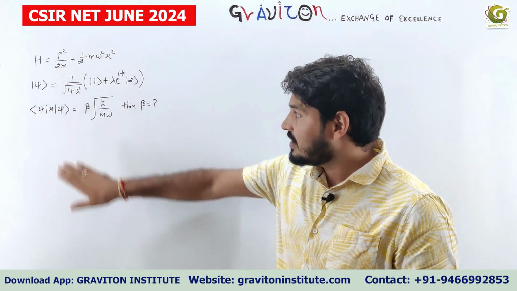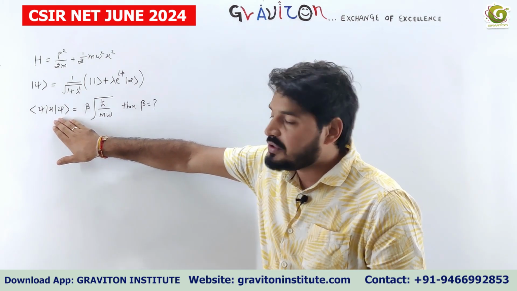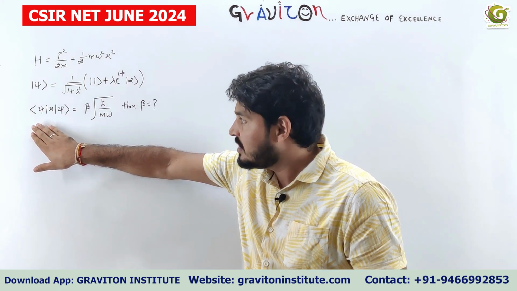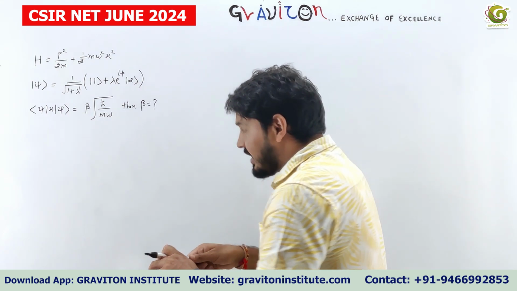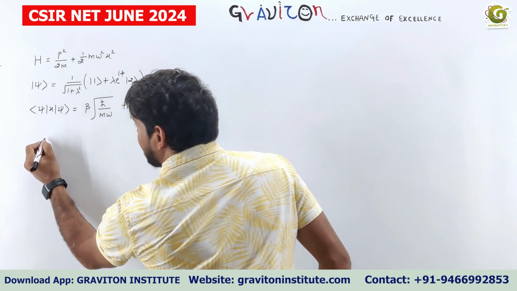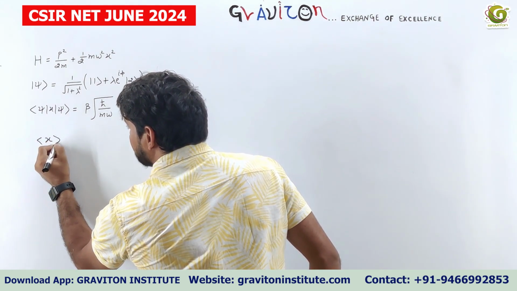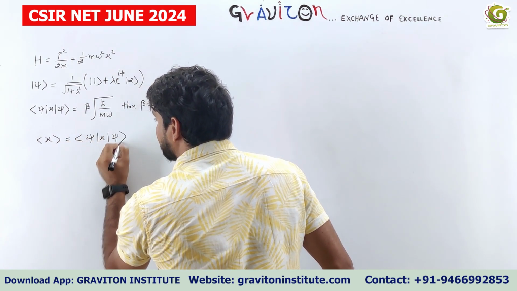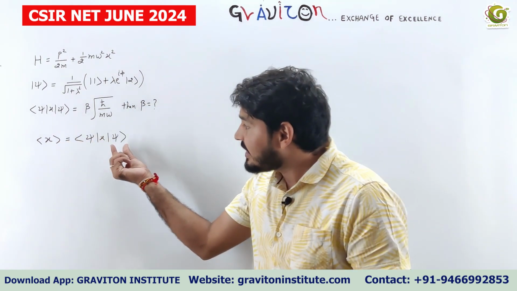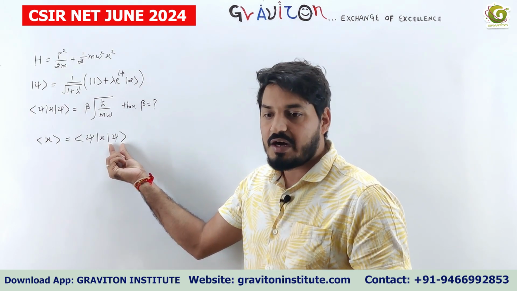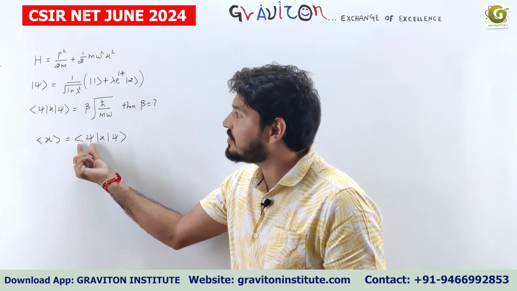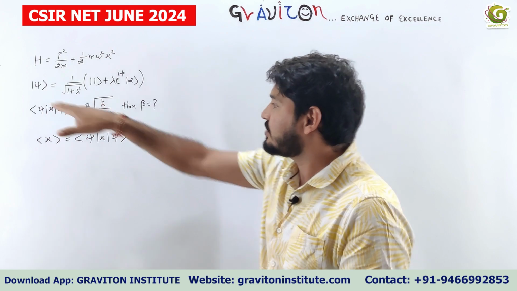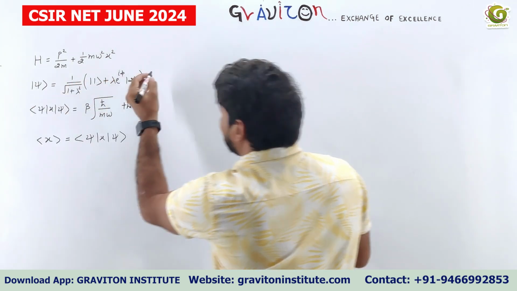So you see, this expectation value is given to us. That means we know that the expectation value of x is given by psi x psi. So this ket notation is given to us. What we can do, we can write down the bra notation also for this one.